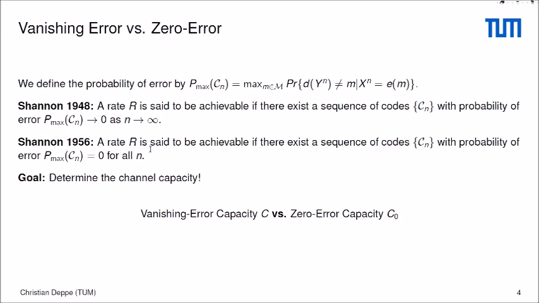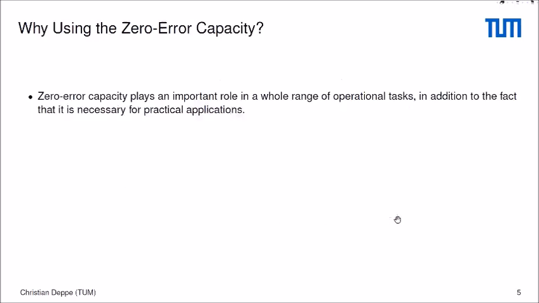Here he said a rate is said to be achievable if there exists a sequence of codes with probability of error equal 0 for all block lengths n. And the goal in both cases is to determine the channel capacity. So we have the Shannon transmission capacity, that is somehow the vanishing error capacity C, and we have the zero error capacity. This we denote by C_0.